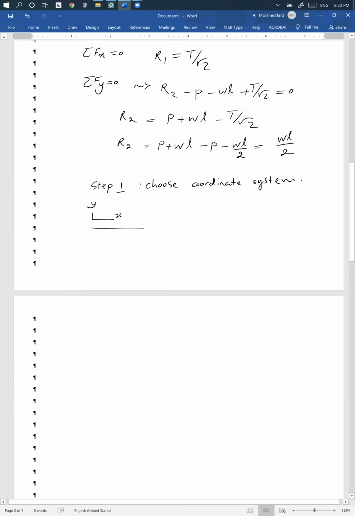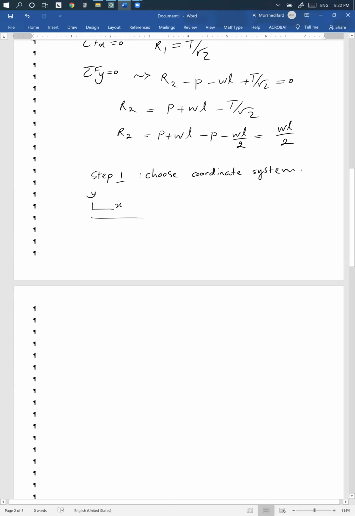All right. Let me repeat the figure here. I'll do this with two methods: method 3 in my notes and method 1. Method 1 is the cut method.